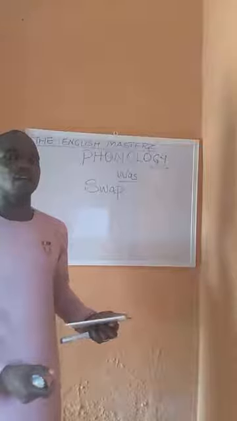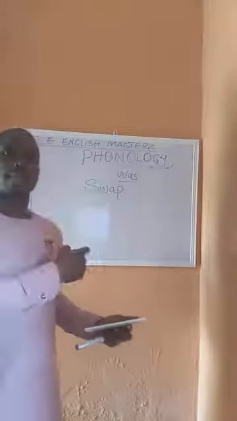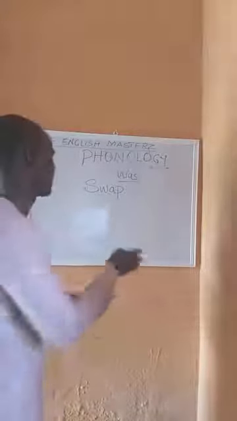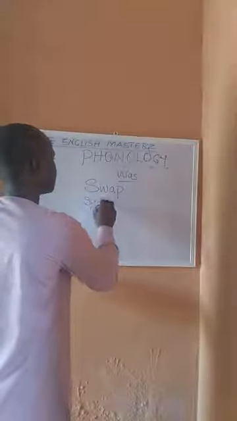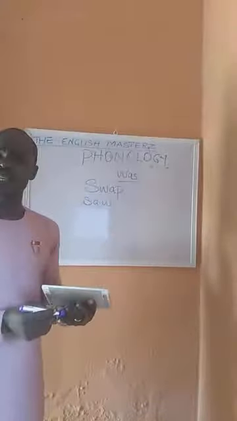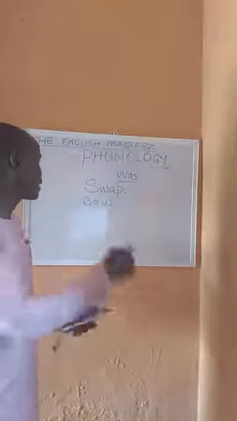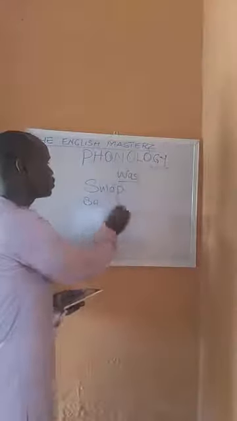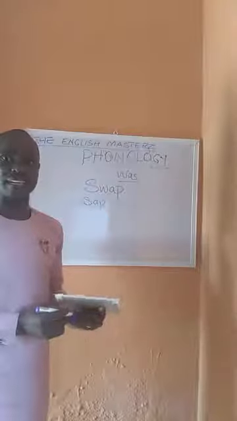Clear, right? Now let us see the effect of W on A when it appears after A. Now let's turn to this word, S-A-W. Now W appeared after A. What if we change this W to P? Sap.